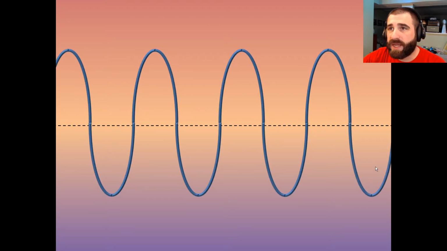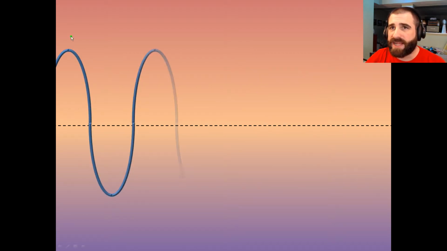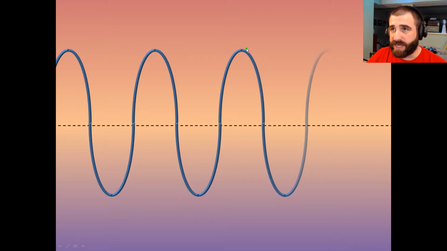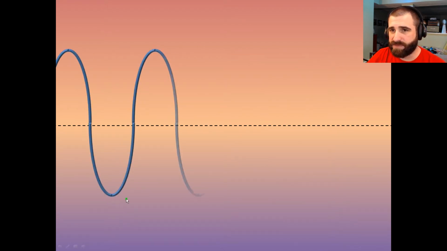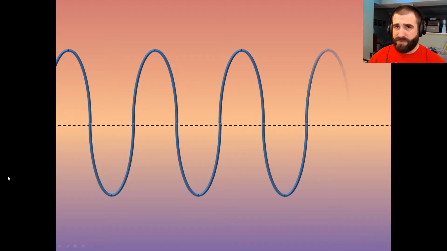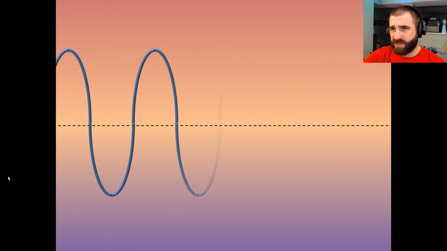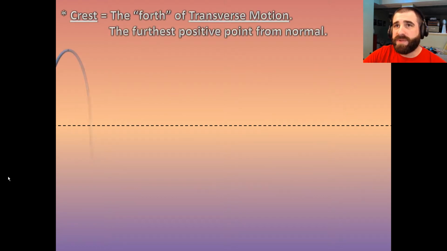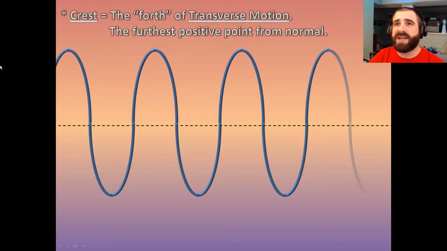So the first thing we're going to label are the tops and bottoms of the waves. As this wave travels transversely, it creates these top little peaks up here and these bottom little valleys. Peaks and valleys is sometimes what they're called, but their official names, as determined by scientists long ago, would be crests. So the crests are kind of the fourth motion.